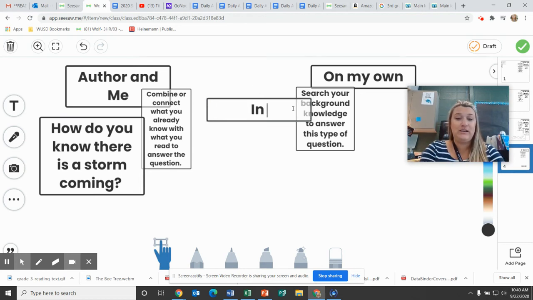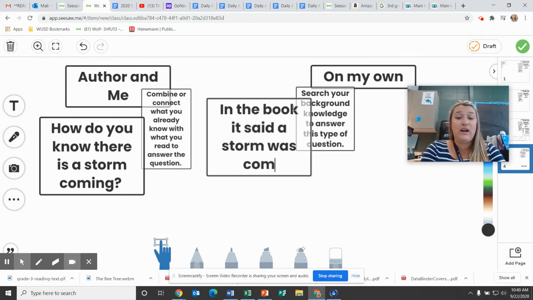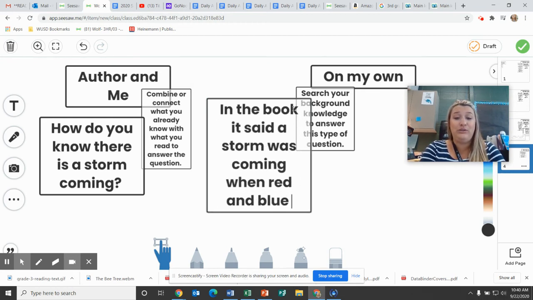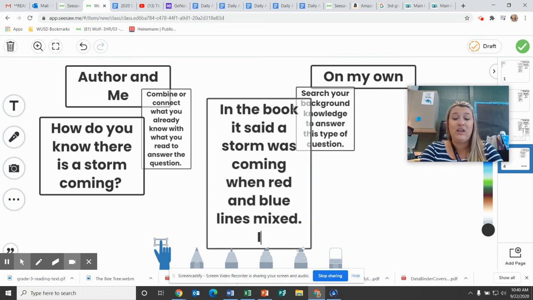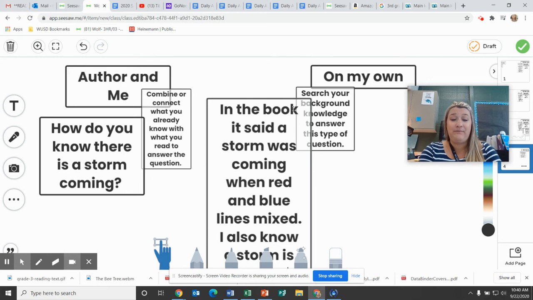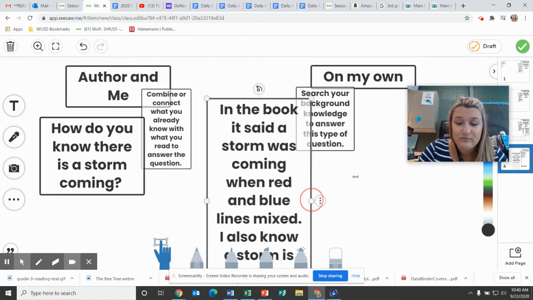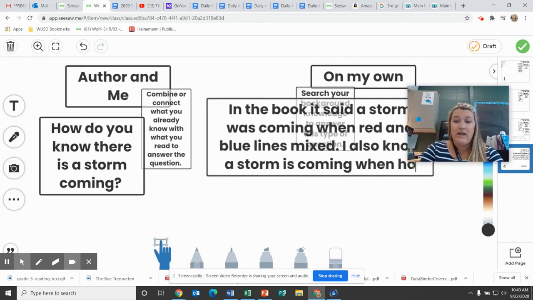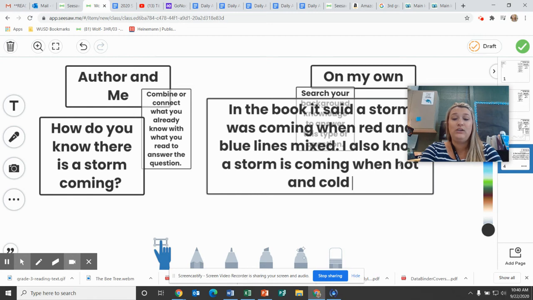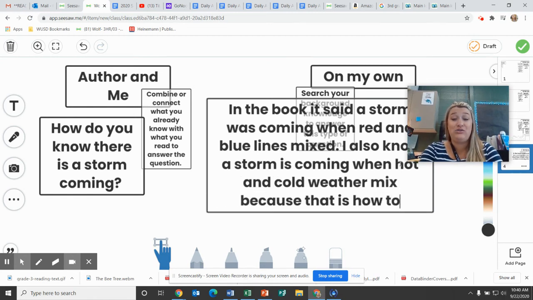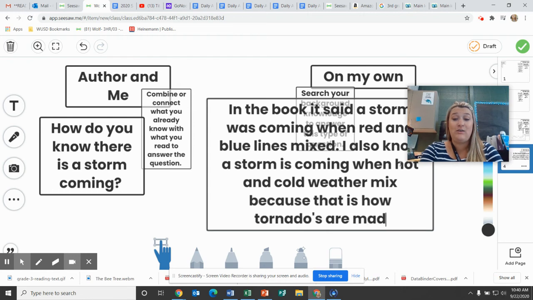I know for two reasons. In the book, it said a storm was coming when red and blue lines mixed. I also know a storm is coming when hot and cold weather mix, because that is how tornadoes are made.